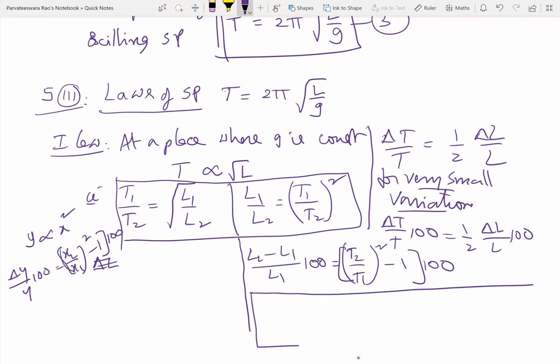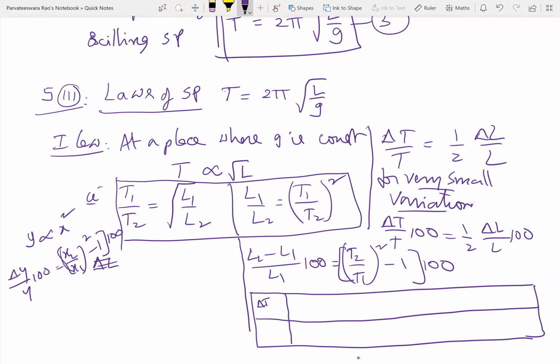So I gave you the calculated values there. I don't know whether you remembered, long back we did. So this is delta T by T into 100. This is delta L by L into 100. I made you calculate also. This is 21, 69, 10, 20, 30.